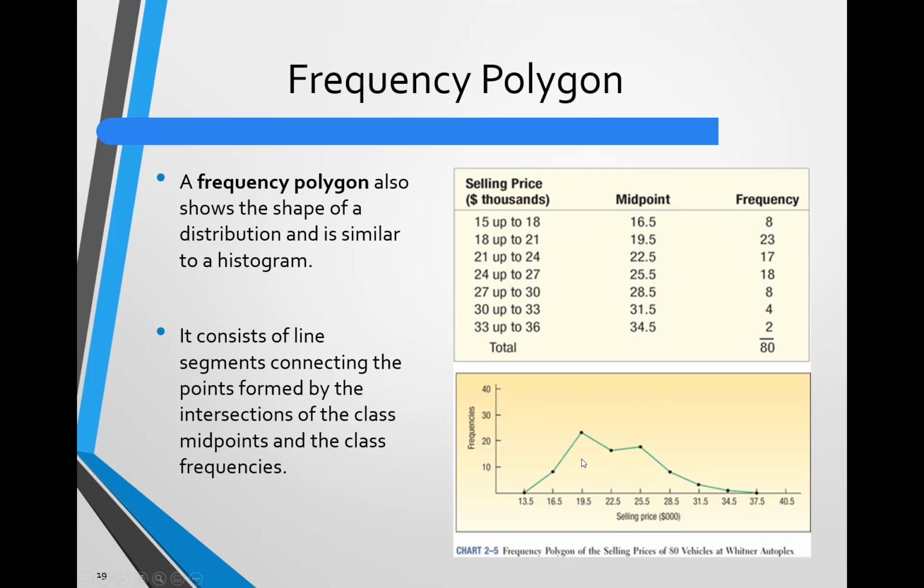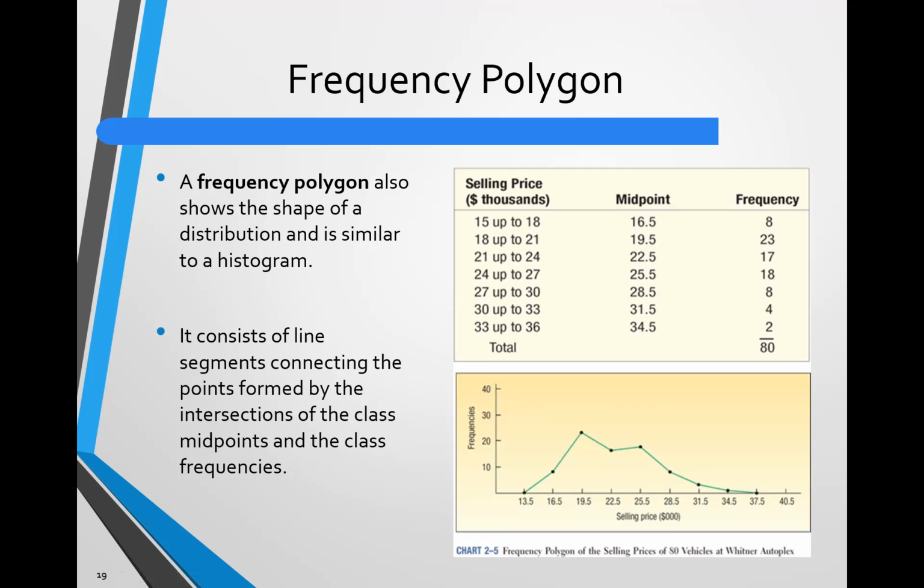For 19.5 the frequency is 23, so it would be above this 20, and we will make a point right above this midpoint 19.5. Similarly we will make all these points, and then we will connect all these points with a line, and here we have the frequency polygon.